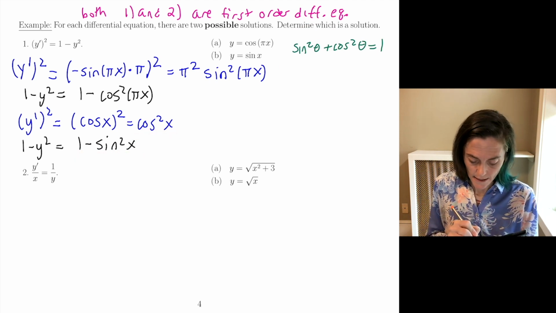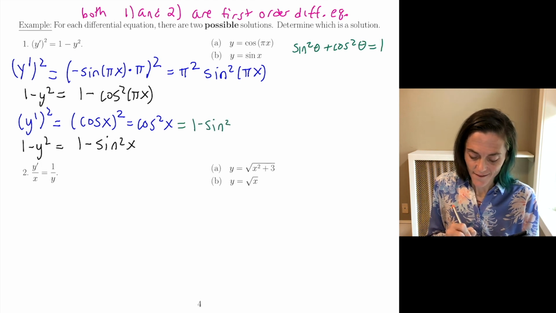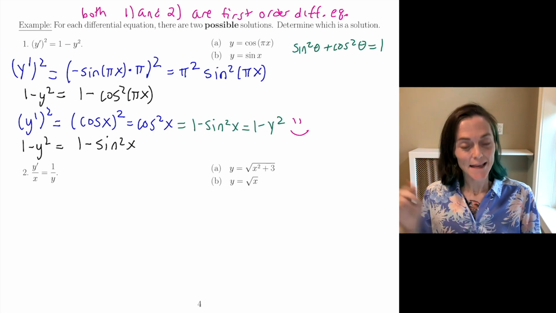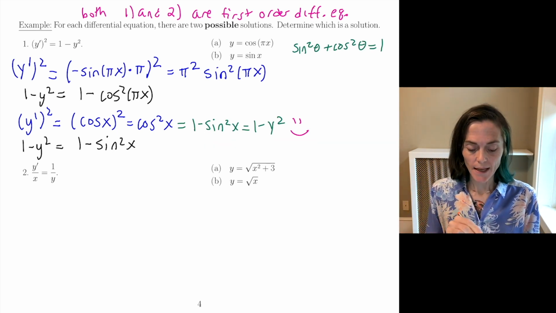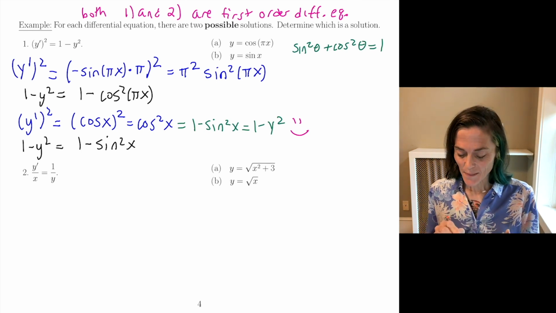So this is equal to 1 minus sine squared, which is 1 minus y squared. It seems we have found our answer, that our answer is letter B. Let me highlight this now.